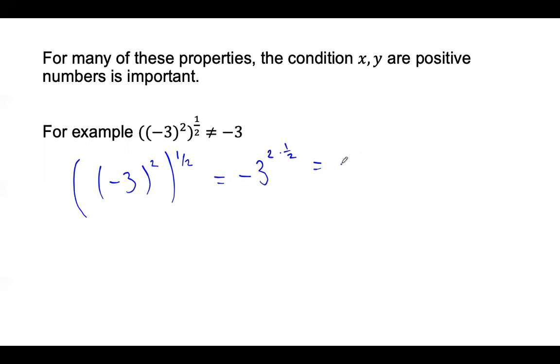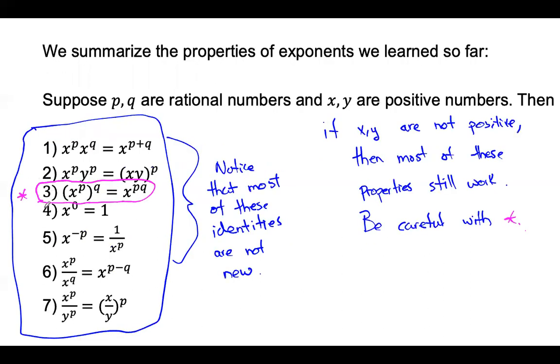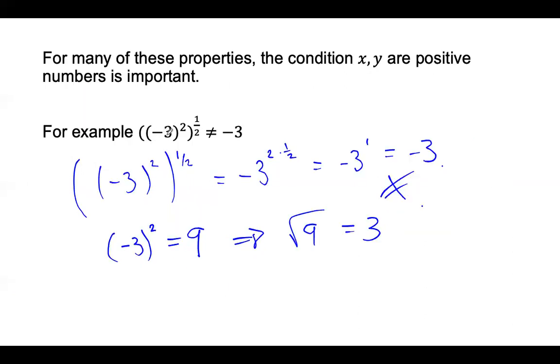Then this is like -3 to the 1, which is -3. Or is it this one? -3 squared equals 9, obviously. And then you take the square root, which is 3. So it's this way. So these are not equal. This is why that third property sometimes doesn't hold. So you have to be careful when there are negatives in the numbers.